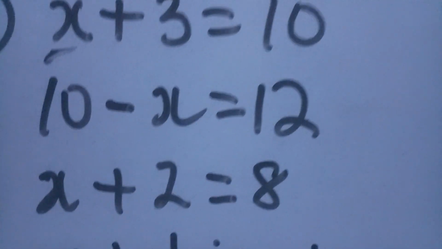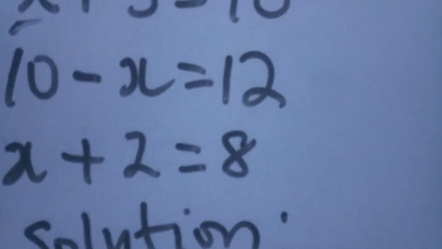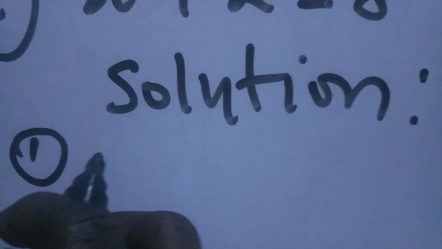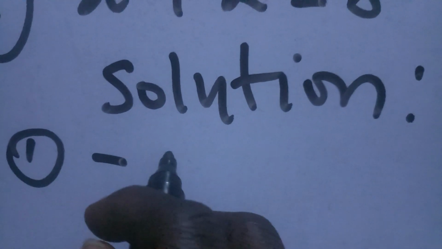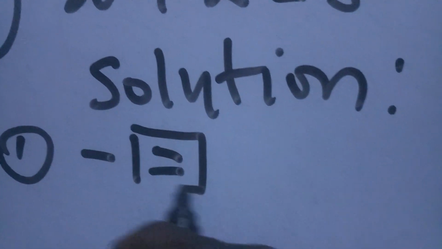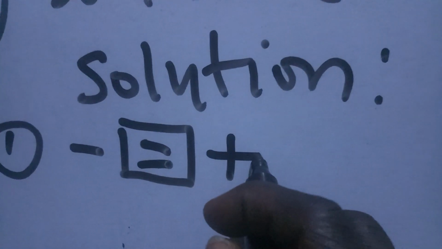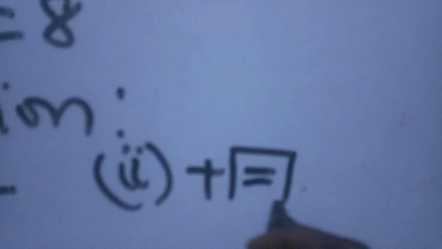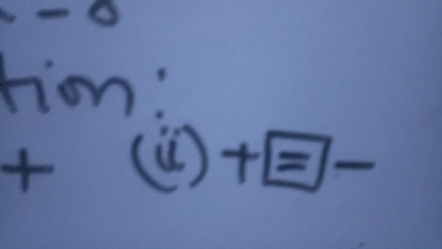So the rule is, number 1 rule, when minus crosses the equality sign, it changes to plus. Second rule, when plus crosses the equality sign, it changes to minus.